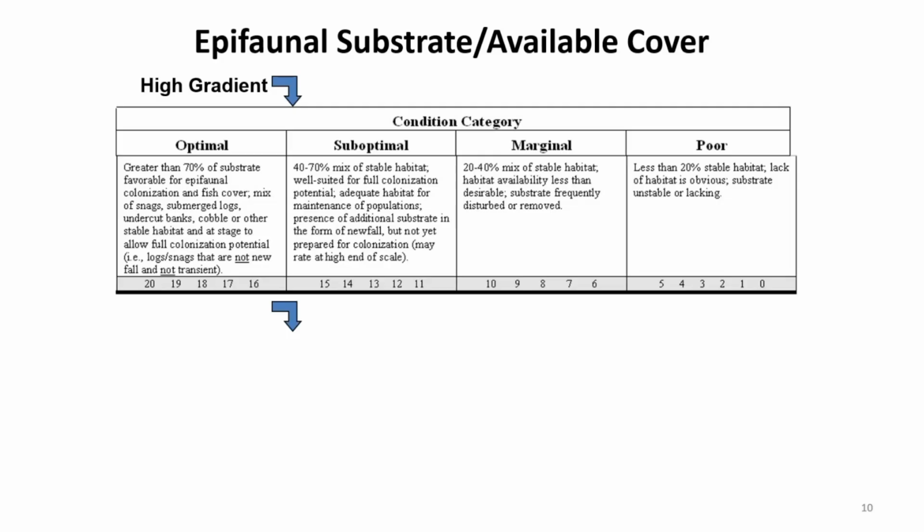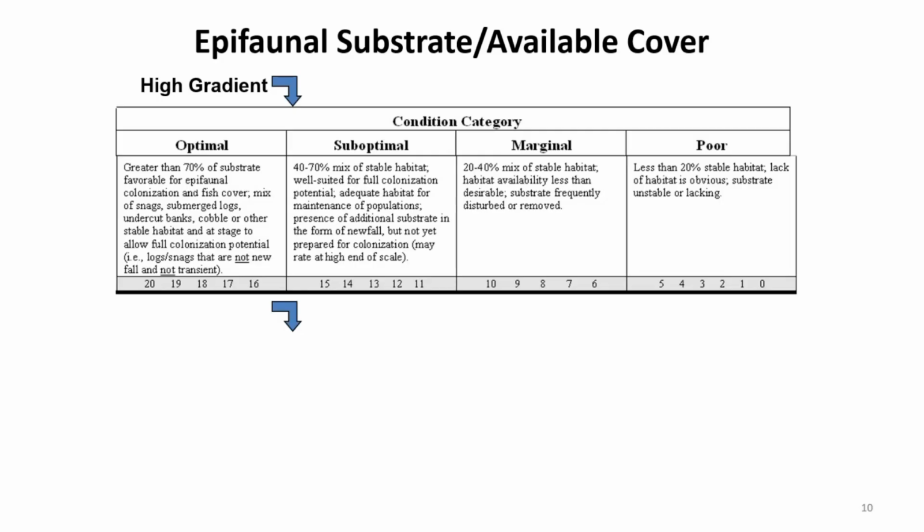being perfect. So we don't very often give a 20, but it's just for one question, so it is possible sometimes to give a 20. I usually start with the condition category that I think is probably applicable to that stream. So let's give it the benefit of the doubt and start out with reading the optimal description.